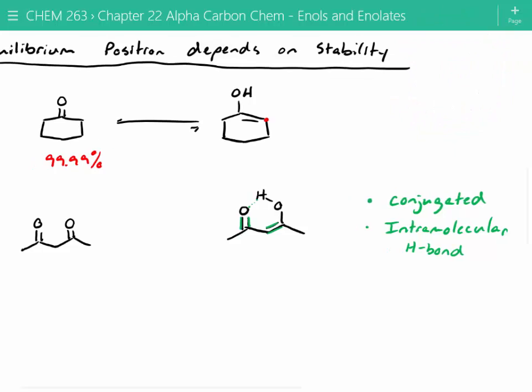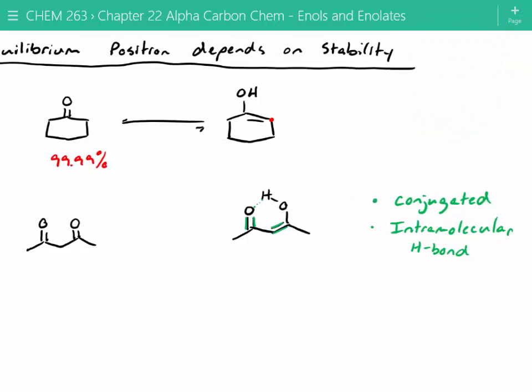So if we look at the tautomerization equilibrium here, it actually favors the enol form slightly. And if you were to look at this in an NMR, depending on your solvent, you'll get 70 to 90% of your enol in equilibrium and about 10 to 30% of your diketone.